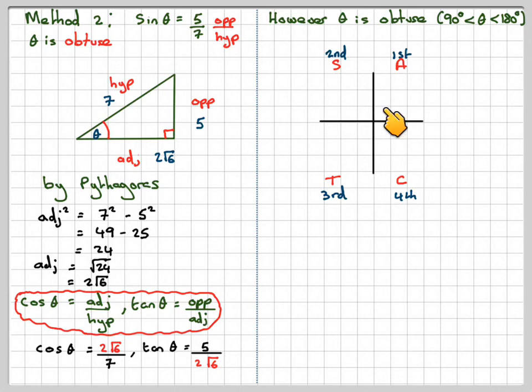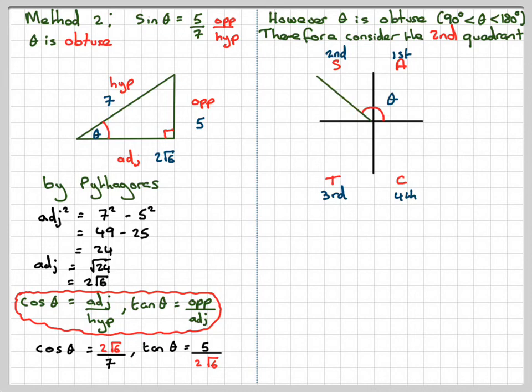Right, the obtuse one, it will be in the second quadrant because it starts from 0 here, 90, 180, 270, 360. So going up to here, this second one will be where the angle is obtuse. Therefore, we need to consider the second quadrant. So we start our angle here, and we go round and draw a line up here.